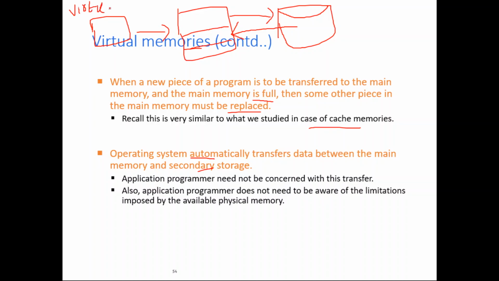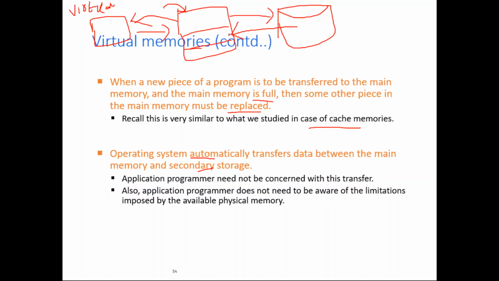Okay. So the processor will generate the virtual address, and there is something called the memory management unit, which will convert the virtual address to the physical address, and then check whether the physical address referred to is currently in the main memory or not. If it is available in the main memory, it's fine. The CPU can access it quickly. If it is not available in the main memory, then it should be brought from the disk to the main memory.